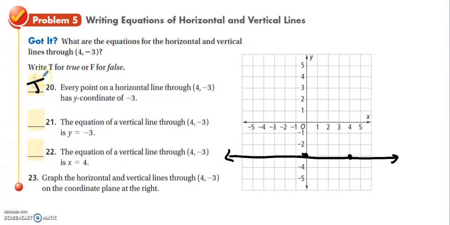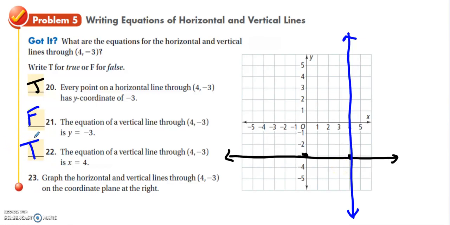That is true. The equation of the vertical line through that point is y equals -3. That is false.